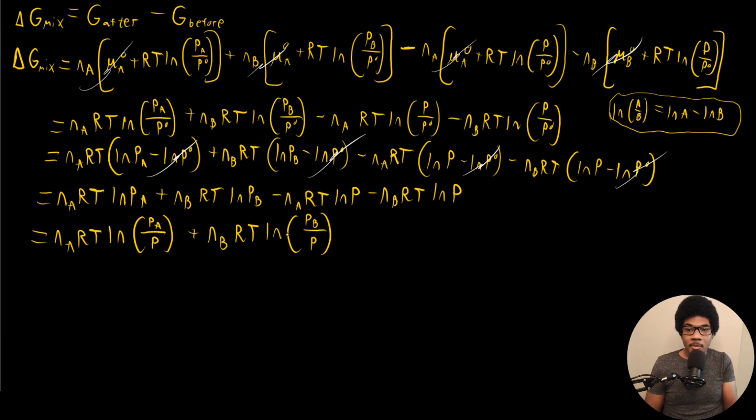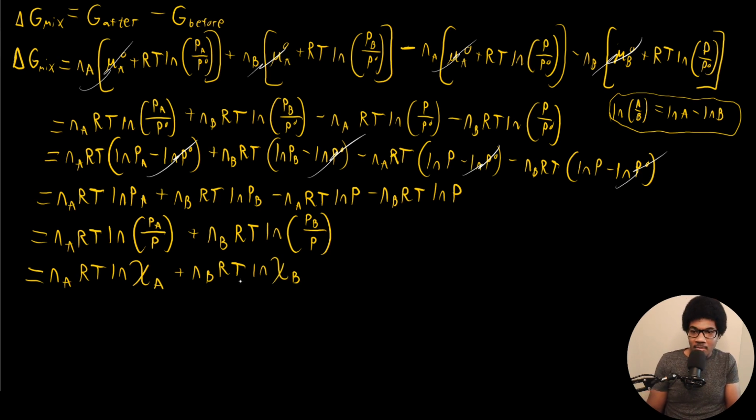Keep in mind one of the general rules from Dalton's law of partial pressure: the partial pressure over the total pressure P is the mole fraction of each individual component. So we can re-express this as NA RT ln mole fraction of A plus NB RT times the natural log of the mole fraction of B.